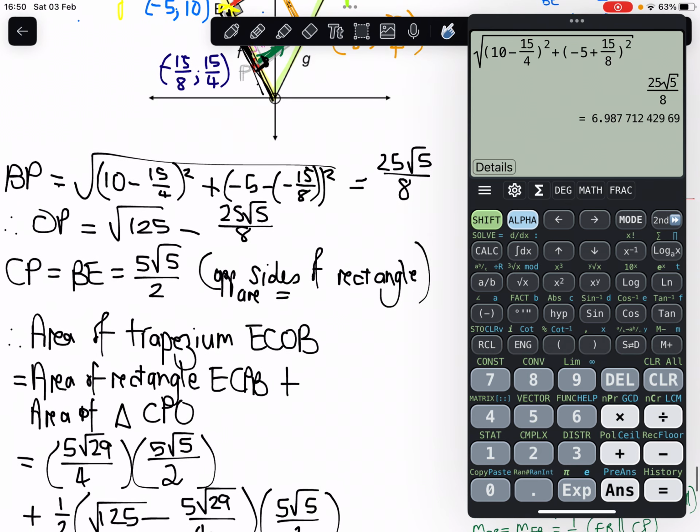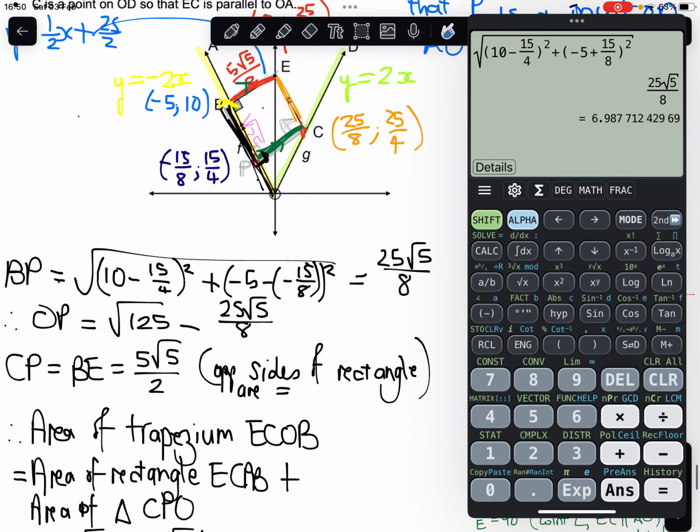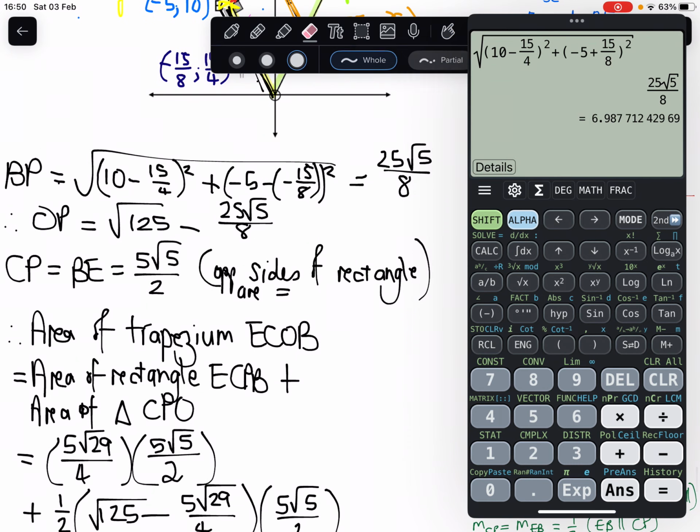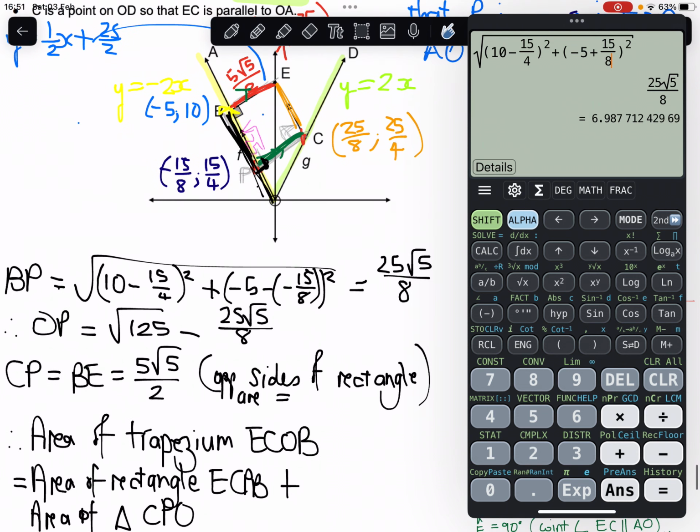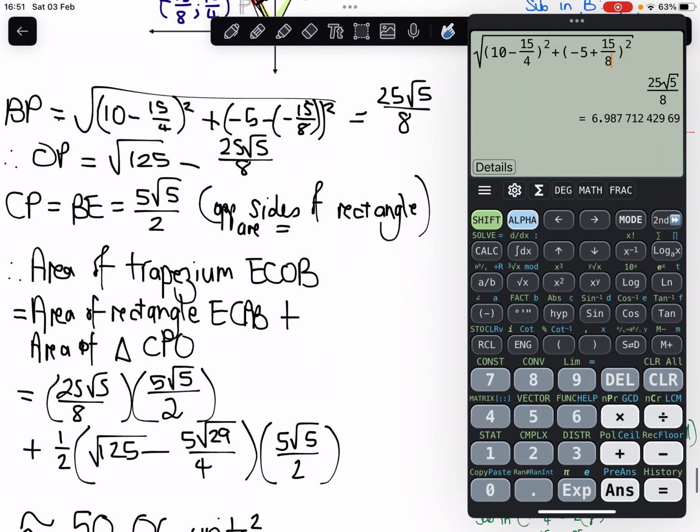Okay, but now what I need to do is say BP, which is actually 25 root 5 over 8, times EB or CP, they are the same, okay, which is correct, 5 root 5 over 2.